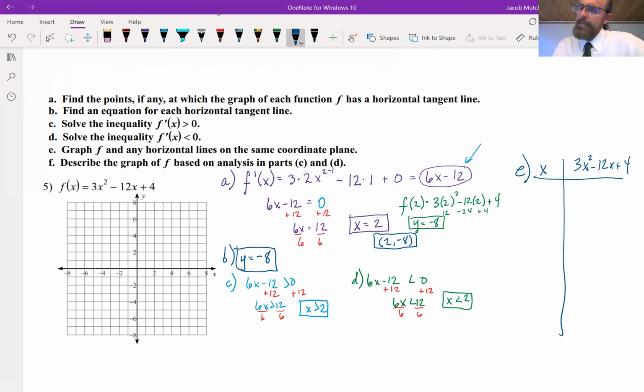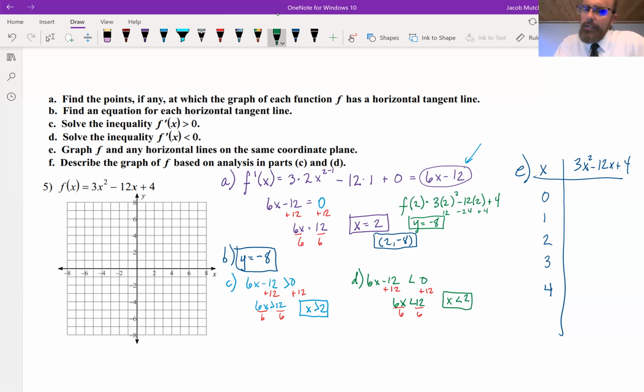I see that this graph is a parabola that opens upward, and it's shifted over to the right into quadrants 1 and 4. So I'm not going to start at -2. I'm going to start at 0, and I'll go out to 4. That'll ensure that we get a symmetric set of points in terms of our outputs.